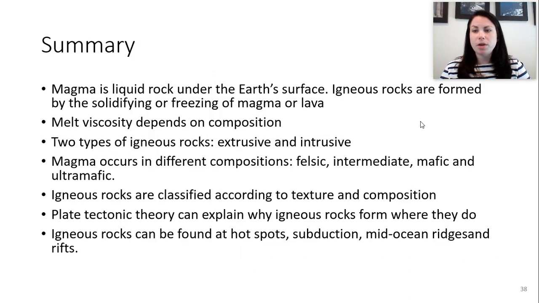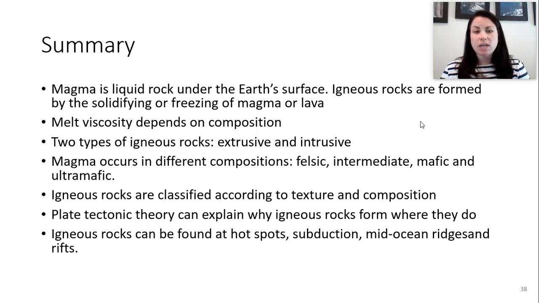Okay, so to summarize what we learned this lecture, magma is liquid rock under the Earth's surface, and igneous rocks are formed by the solidifying or freezing of magma or lava. The melt viscosity depends on composition as well as temperature.